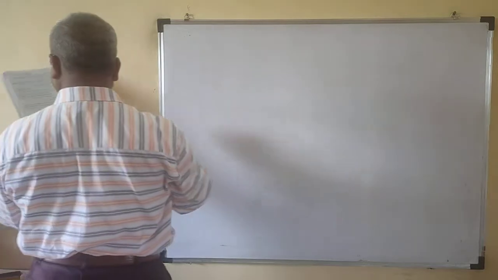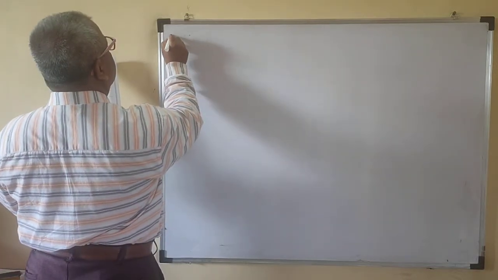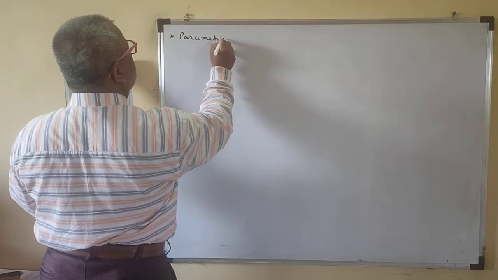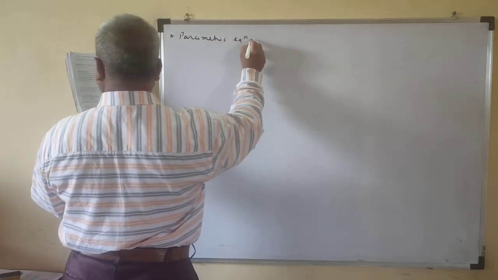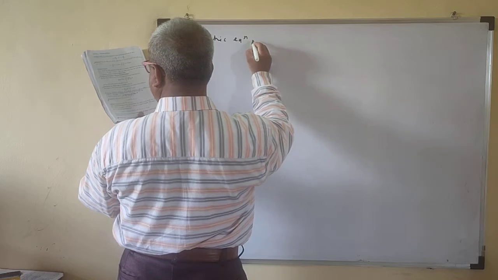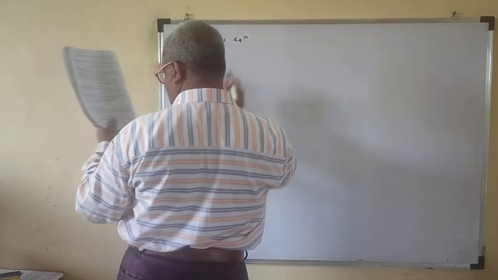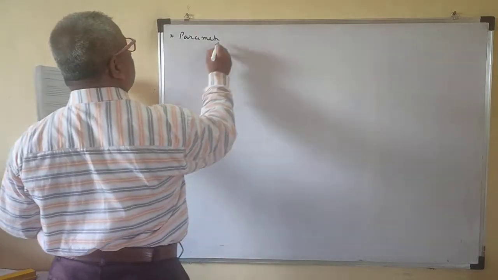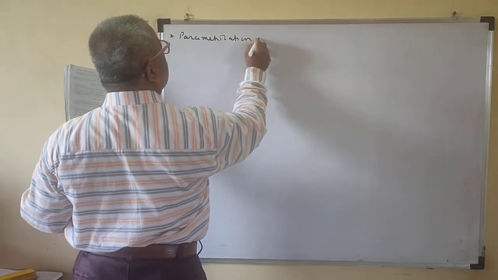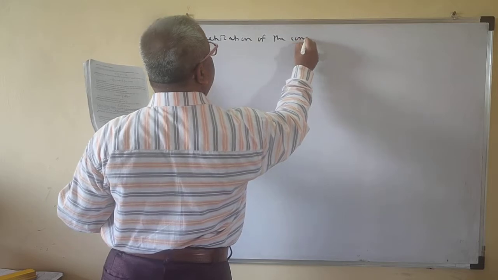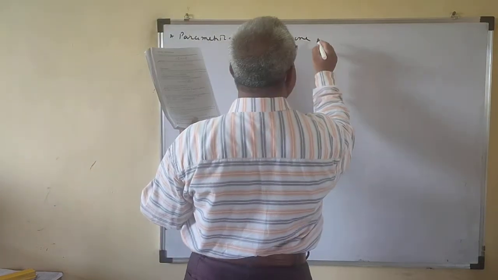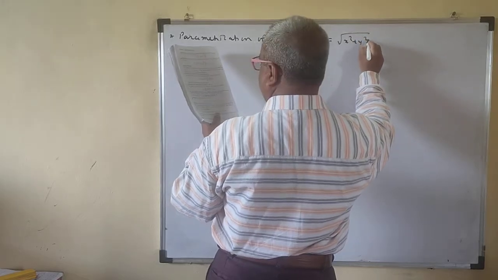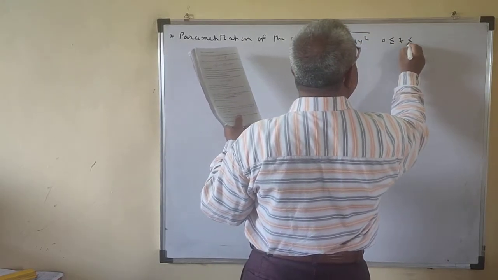Okay, so now the parametric equation, the parameterization of the cone z is equal to root of x square plus y square, 0 less than z less than 1.